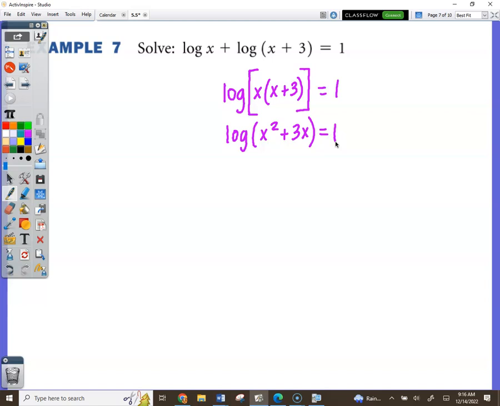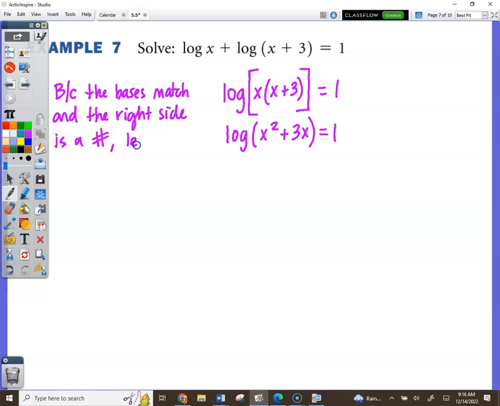So keep in mind the goal here. Because the bases match and the right side is a number, let's get it to a single log, then convert.